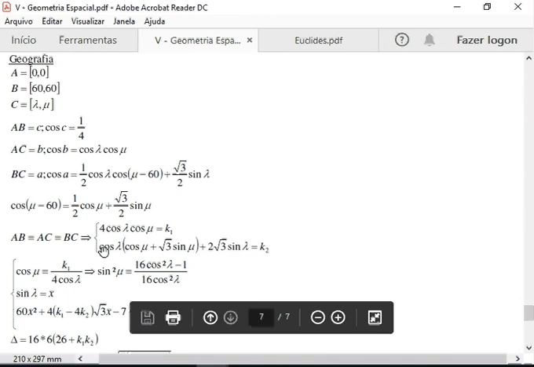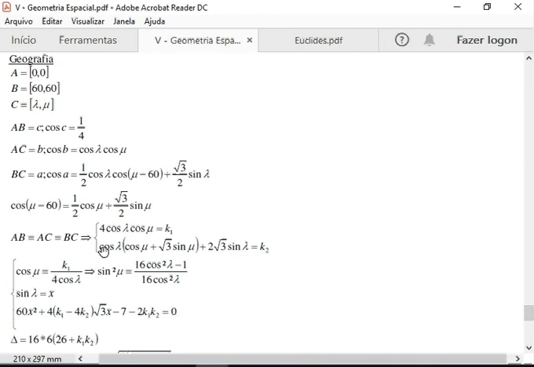Geography. Geography is a difficult exercise at the end of the discipline of spatial geometry at UFMG. My professor is not as frightened as you. The point A is 0, 0 latitude and longitude.